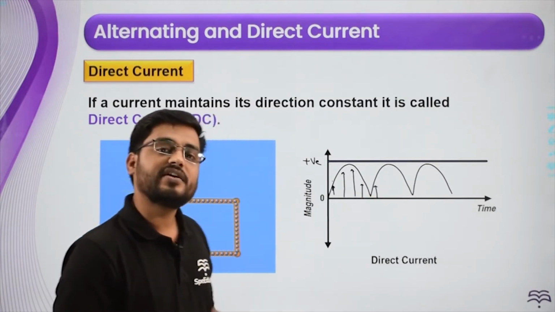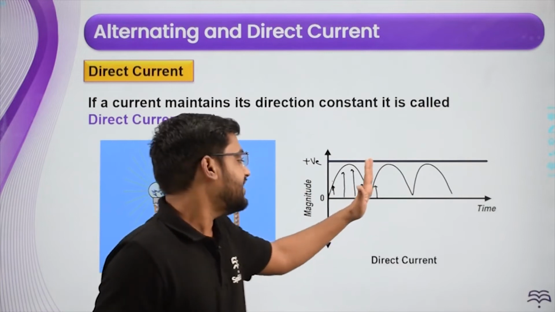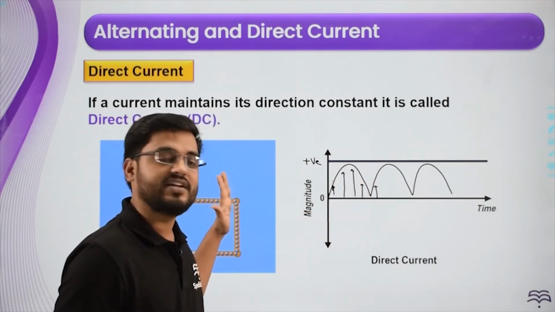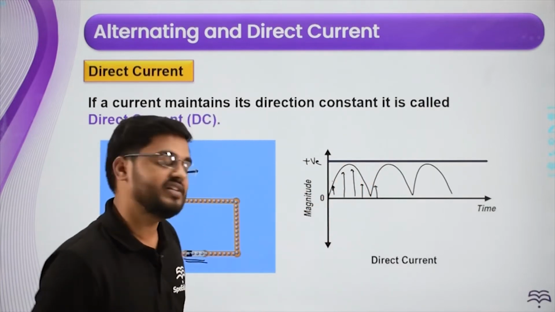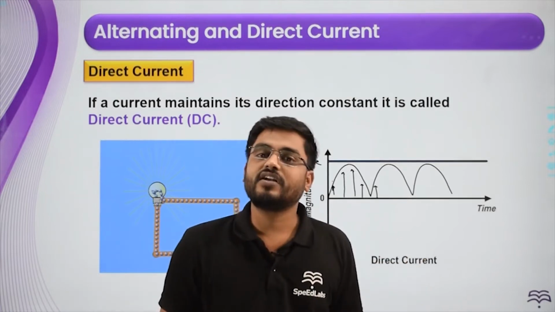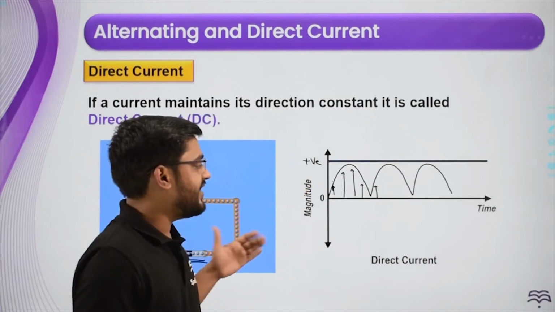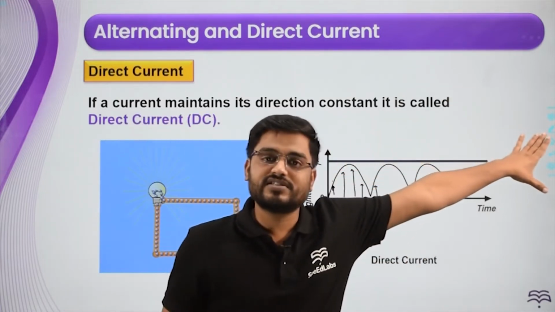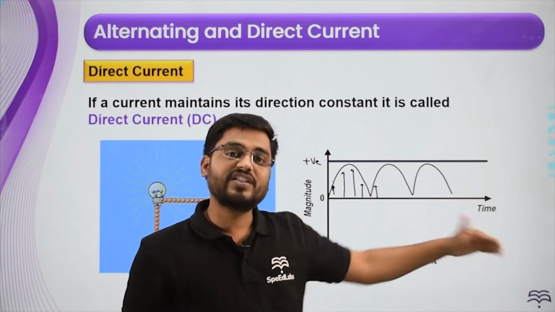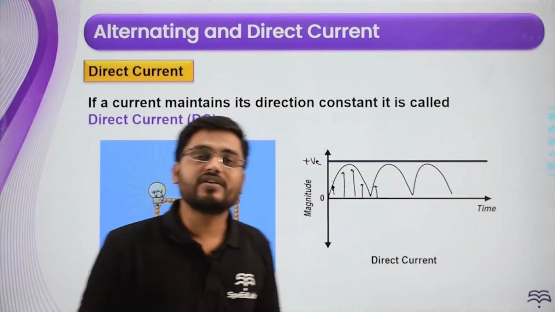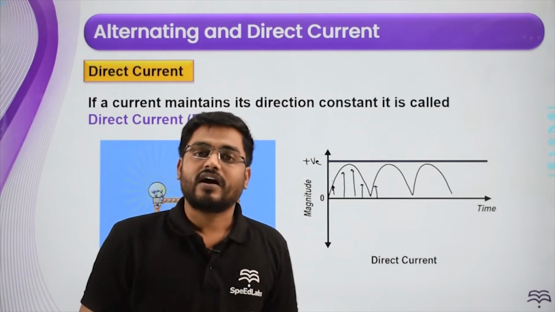So it was either positive or zero, meaning it is either moving in this direction or stationary. Such a type of current also comes under DC, where it is either always positive or always negative, with a varying magnitude or a constant magnitude. That is called a direct current.